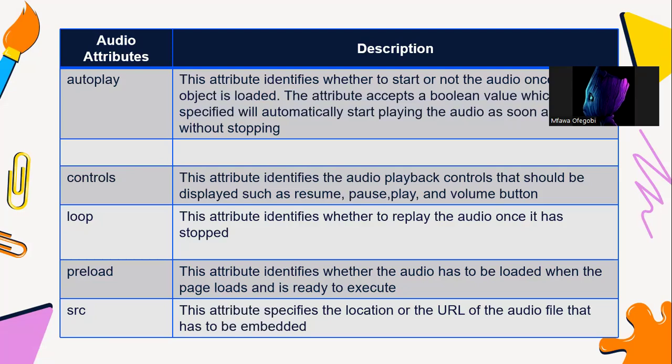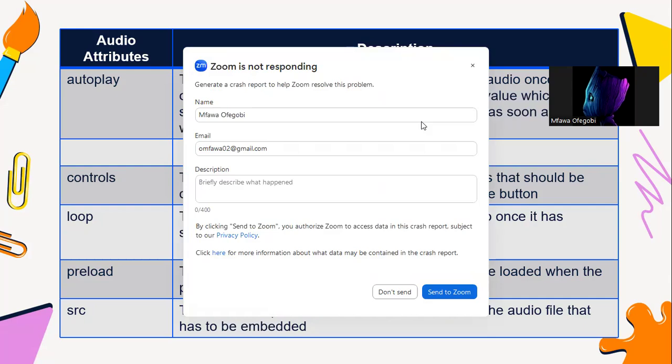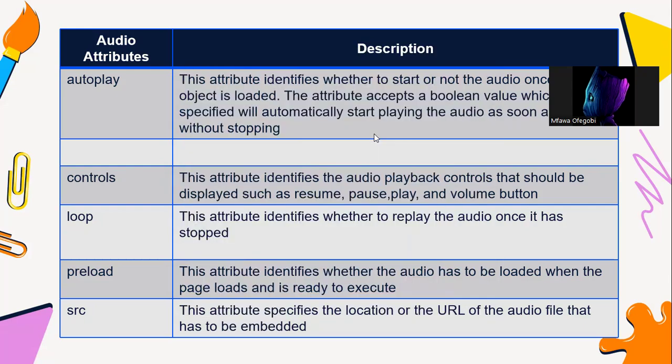So we have audio attributes and their descriptions. So the first attribute is autoplay. The attribute identifies whether to start or not the audio once the object is loaded.